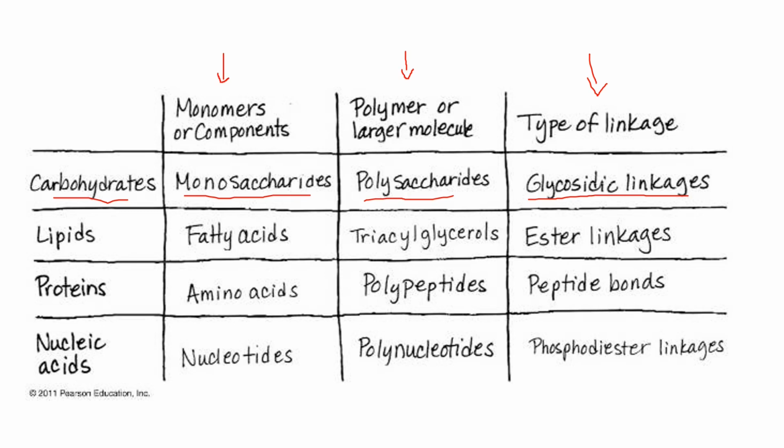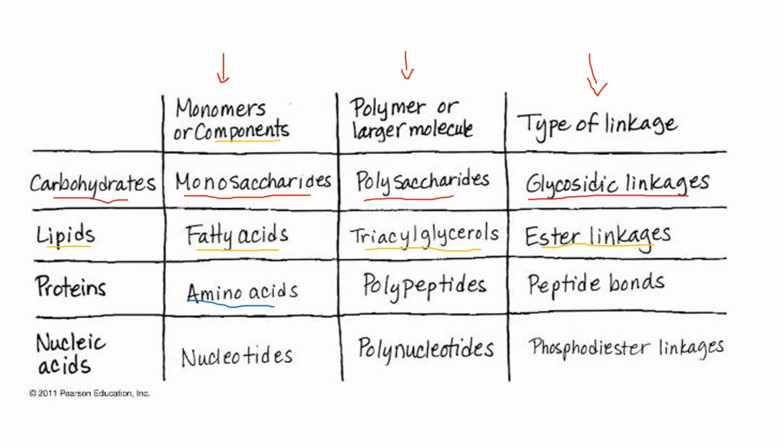Then today we talked about lipids, and in lipids you have fatty acids as a component, and as a larger molecule you can have triglycerols, and you have ester linkage. And in the next two classes, we are going to talk about proteins, where you will have amino acids.